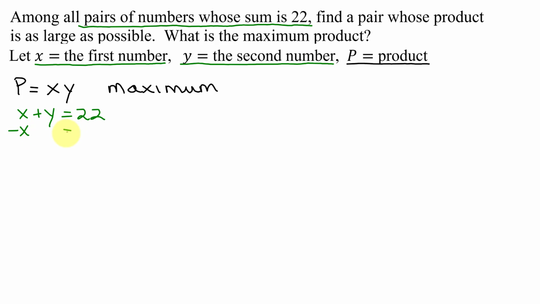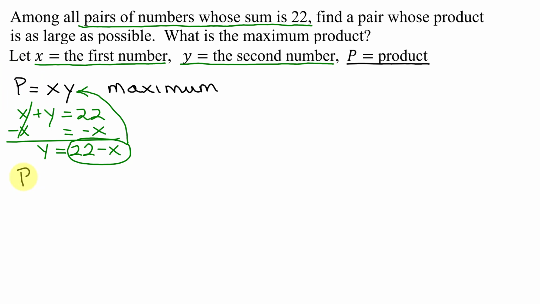I'm going to subtract x from both sides, and I get y equals 22 minus x, since unlike terms can't be combined. Now I can take this expression and put it into my equation for the product. So the product p can now be written as x times 22 minus x. So p is now written in terms of one variable, x.